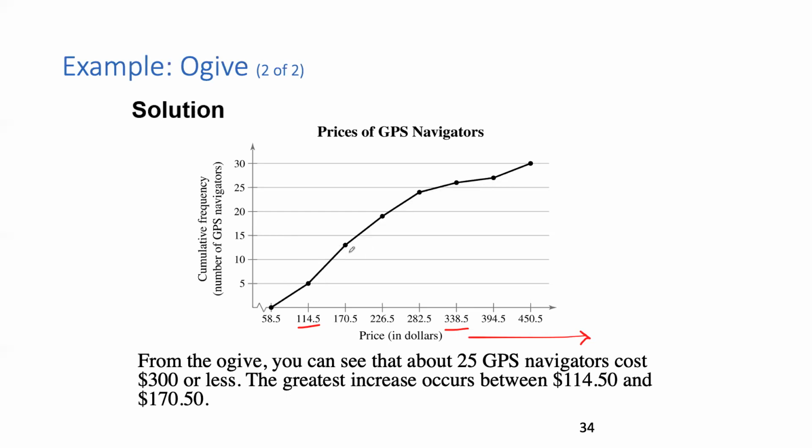So the sharpest increase occurs when I move from 114.5 to 170.5, telling me that this is a crucially important pair of classes. That's where a lot of these GPS devices are located, or there's something happening as the price changes in that range between 114.5 and 170.5.